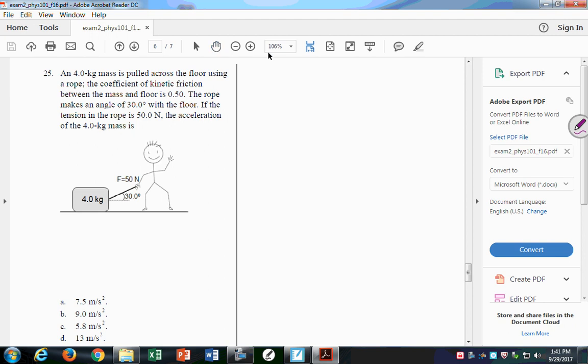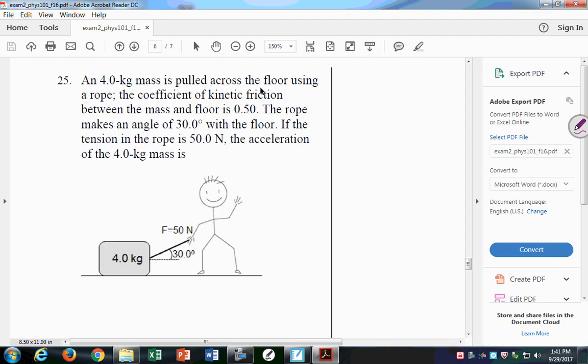I go through the same process. I draw my forces. I have a normal force up, a weight down, and a kinetic friction, with its coefficient. And then I also have this force right here. Now, in this case, the normal force is not equal to the weight.